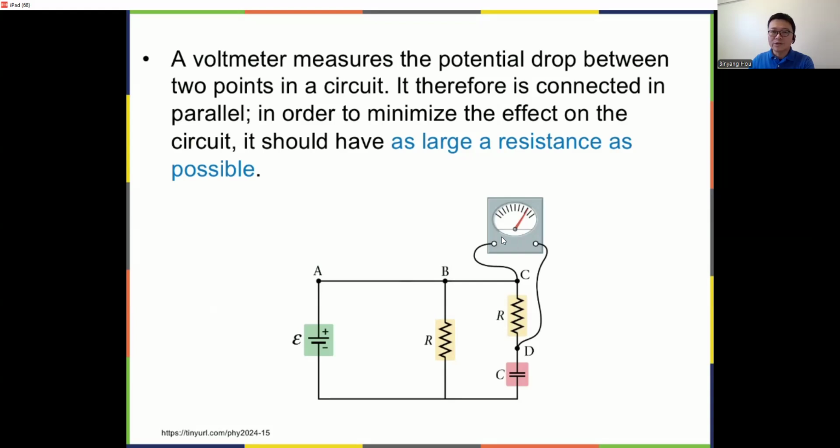So the voltmeter is parallel to the element you are measuring. In that case, you want the resistance of the voltmeter as large as possible.